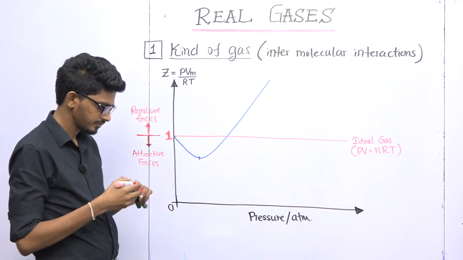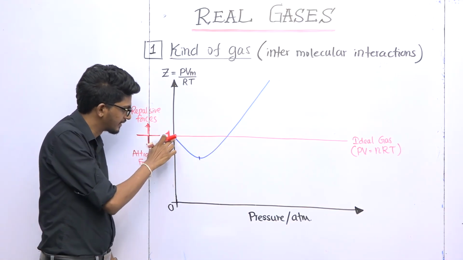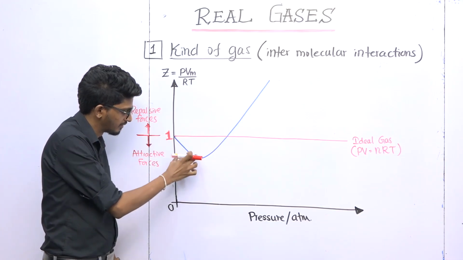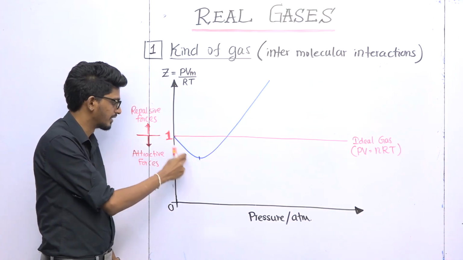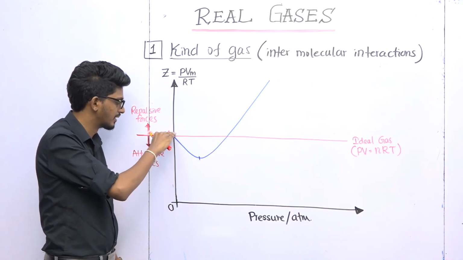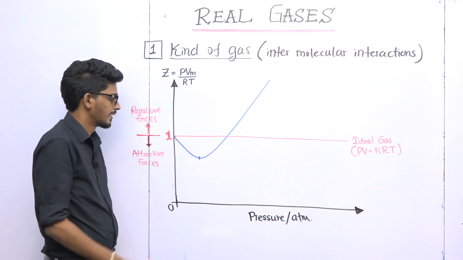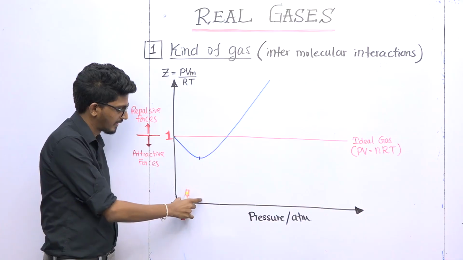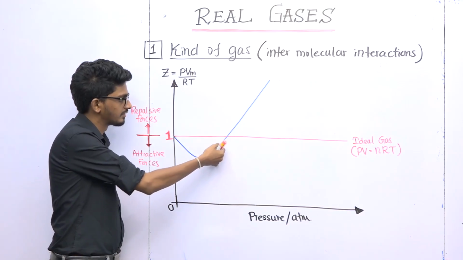So normal gases tend to show attractive forces at low pressures. When the pressure is low, attractions will predominate, and attractive forces will increase. That means this Z becomes much lower than 1. But after some point, when the particles get much closer to each other, repulsions tend to occur, so repulsive forces will increase.